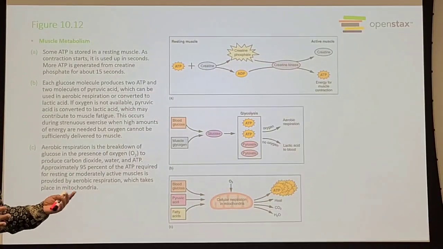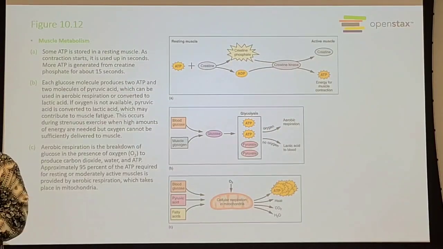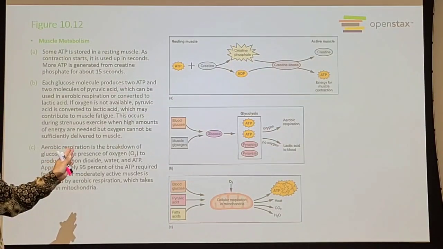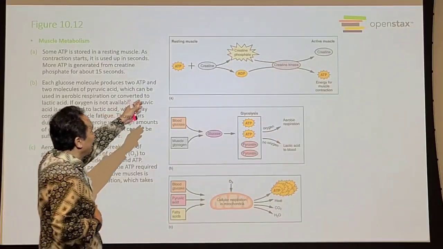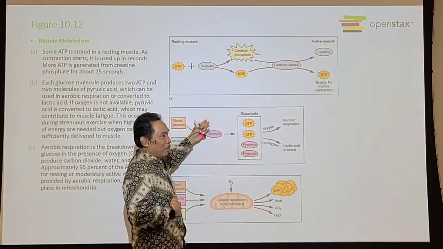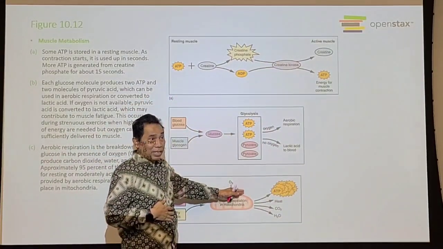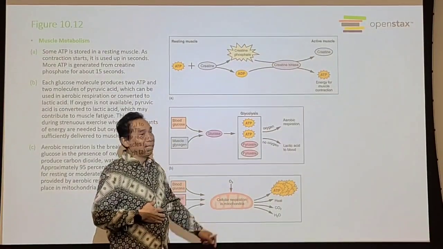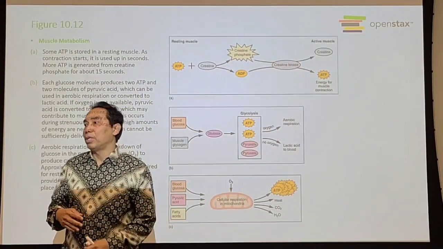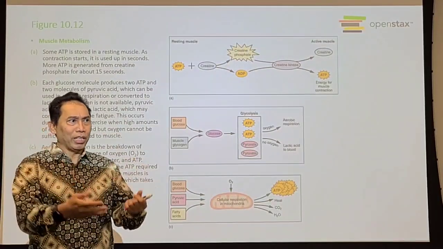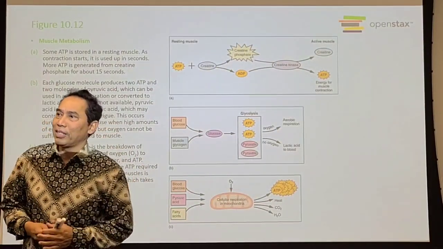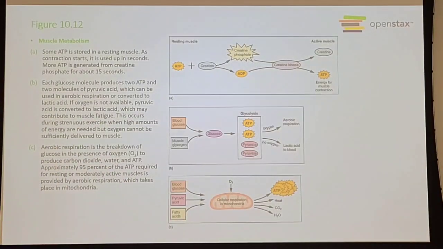For many athletes, it is going to be the source of ATP for their action. Maybe a sprinter only needs the first two, but if you have a longer activity, then you require this ATP from cellular respiration to provide you with the energy. You follow this? Now what happens? Let's say you are an athlete. You perform the action.